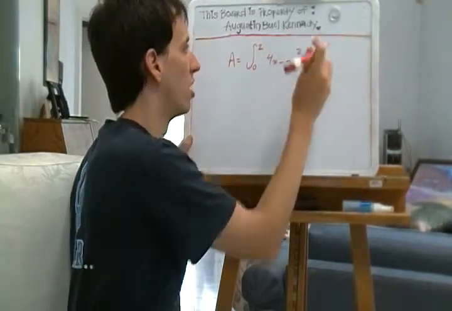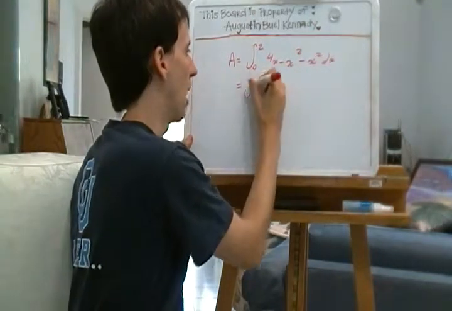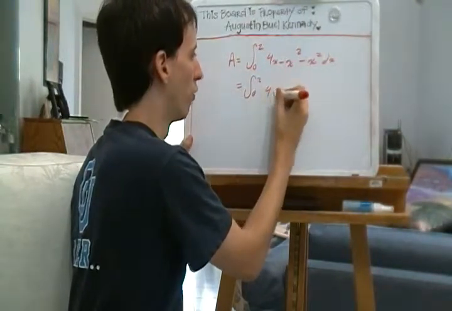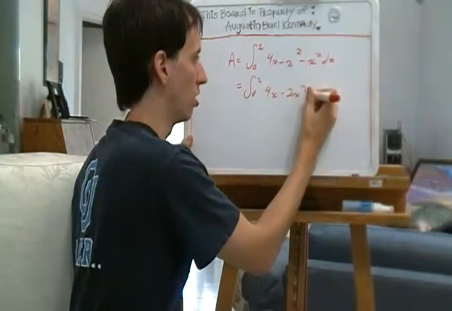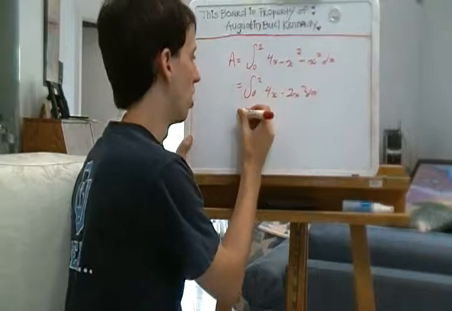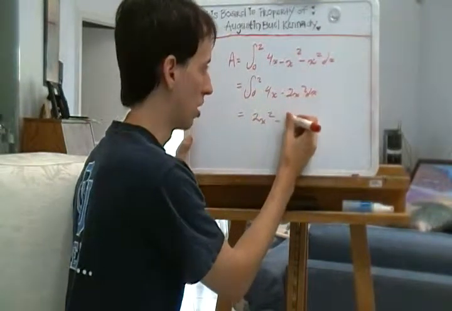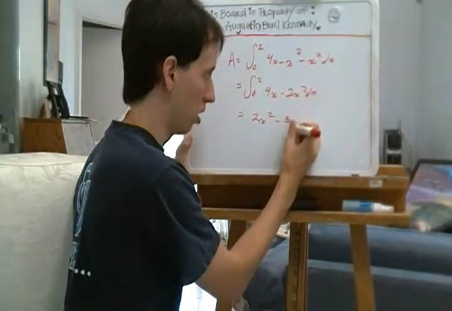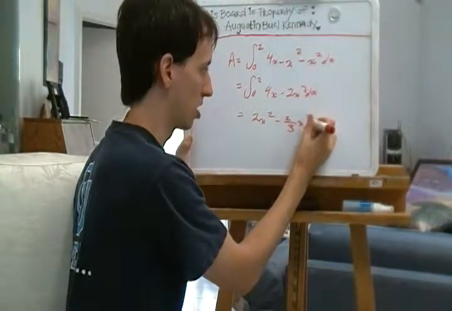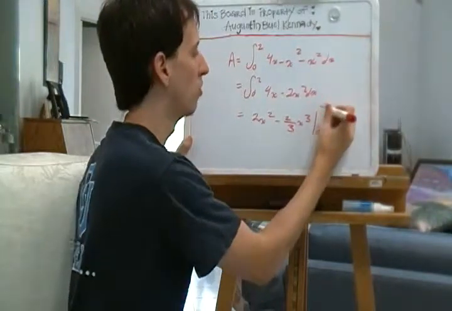Get rid of these little squares up there. dx, which is the same as the integral from 0 to 2 of 4x minus 2x squared dx, which is great. That is 2x squared minus 2/3 x cubed, between 0 and 2.